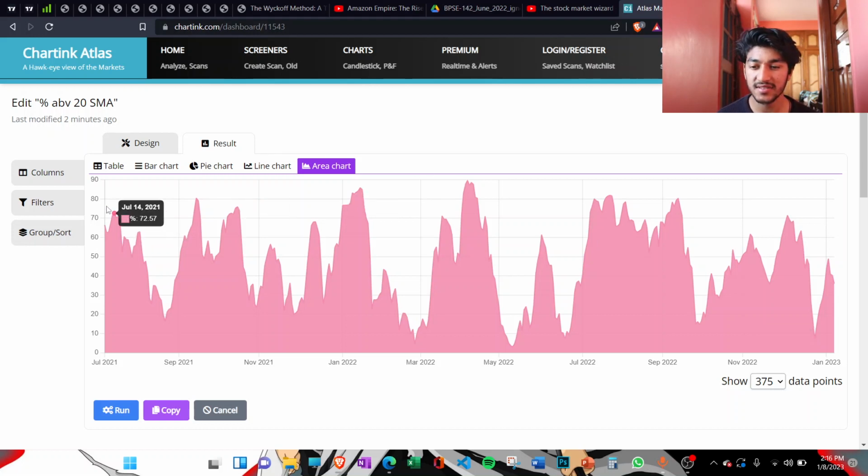So whenever it is above 70%, you can trim your positions and start booking profit early. And whenever it reaches below the 20%, you can start looking for stocks. And whenever it makes a bottom, around 2-3%, you just have to look for the strongest stock at that time, and you can add that in your portfolio.